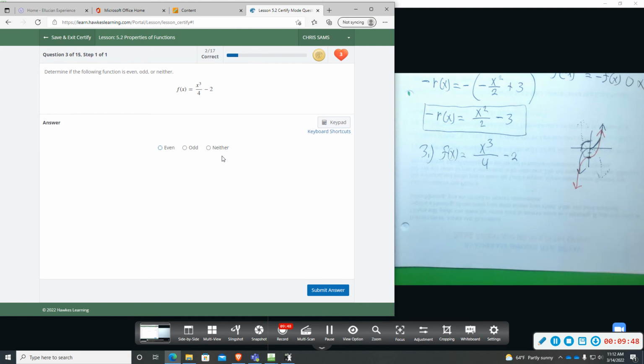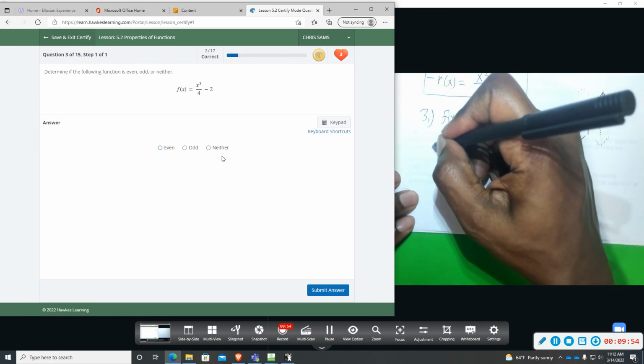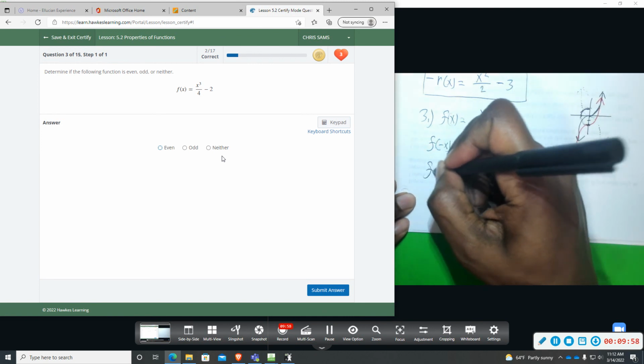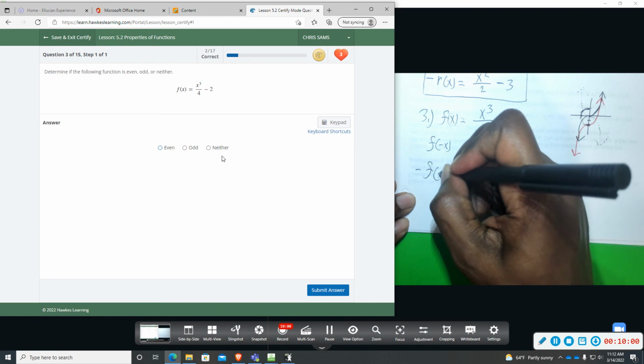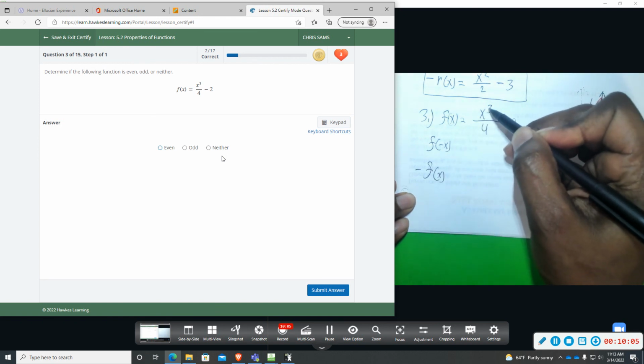However, you can also verify that with algebra. So I'm going to do both of them. I'm going to do f of negative x, and I'm going to do negative f of x, that is. So when you plug in a negative to an odd, it's going to change signs. So an odd power will change signs.